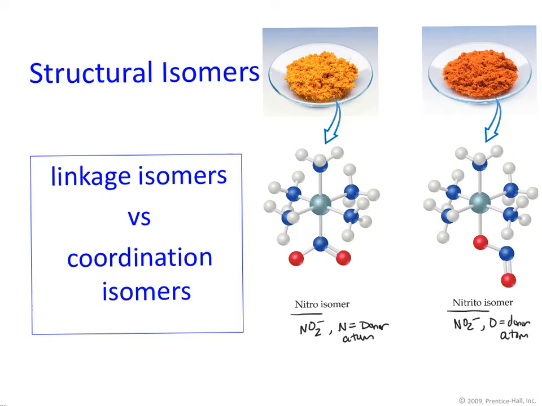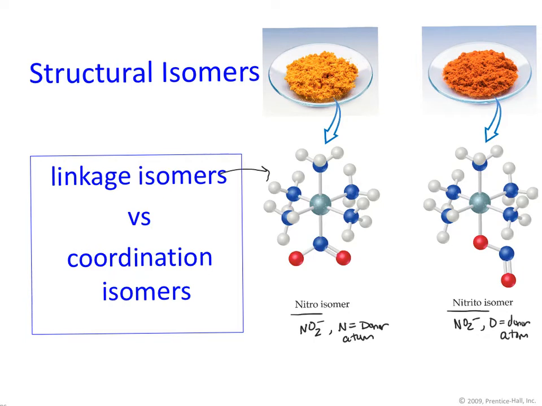So the same chemical formula, the same metal center, 5 amine ligands for each, but here we have NO2 where N is the donor atom, and here we have NO2 as a ligand where O is the donor atom. So these are examples of specifically our linkage isomers.